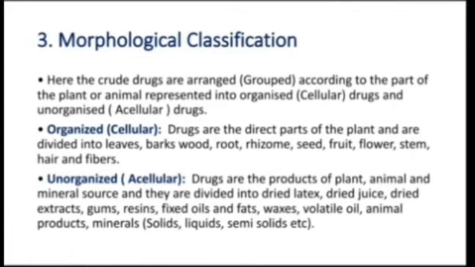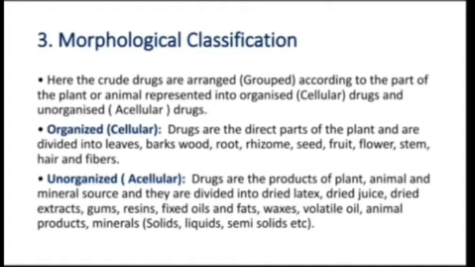Third classification, morphological classification. Here the drugs are arranged in groups according to the part of the plant or animal represented, into organized drugs and unorganized drugs, meaning cellular drugs or acellular drugs. First is organized drugs.